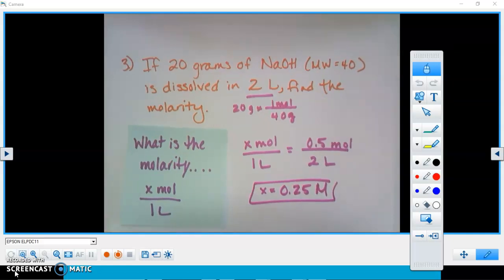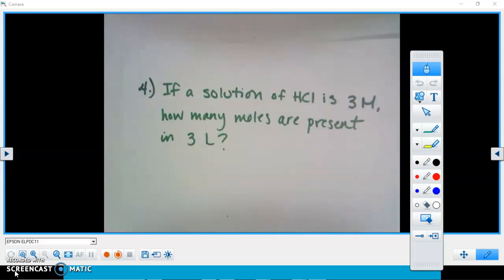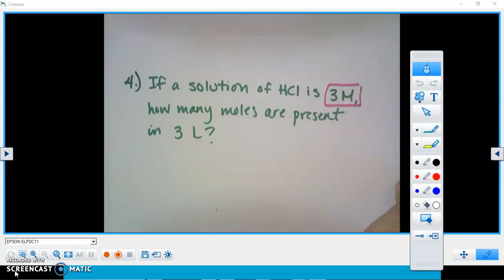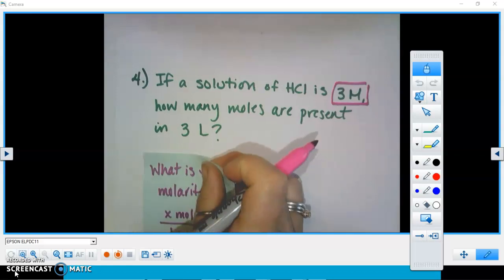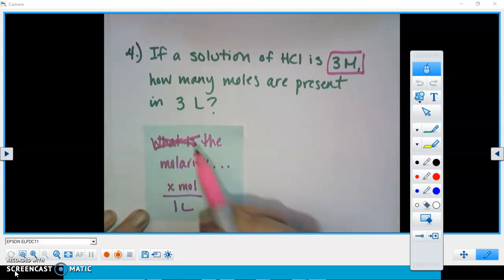In the final example, this one is slightly different. This one tells us that the solution is 3 molar. How many moles are present in 3 liters? So here the molarity is given. This time we are not going to put X over 1 because we're not being asked what is the molarity. We're being told the molarity is 3 moles over 1.